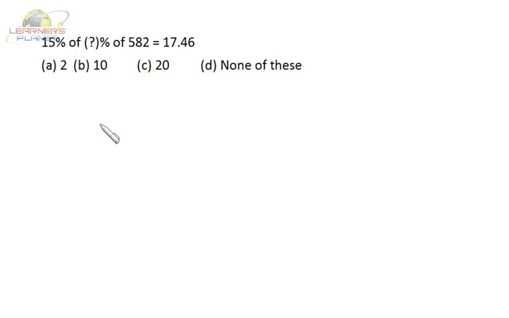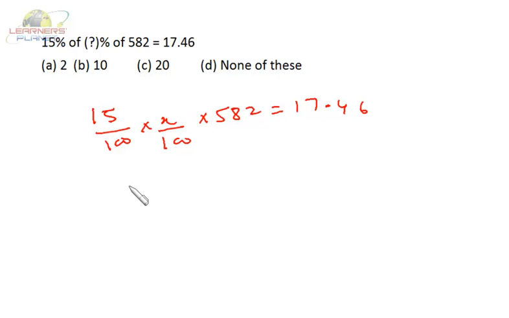Now let's see this question. 15% of x percent of 582 is 1746. So it's 15 by 100 into x by 100 into 582 is 17.46. That means 15 into 582 into x is equal to 174600.